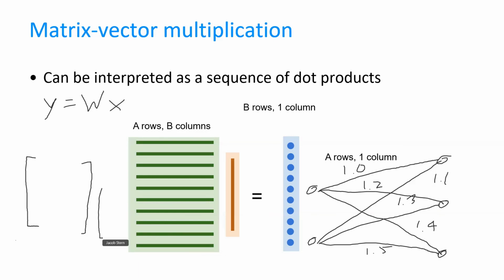So the network will take as input a vector which we will call x. It will be multiplied by a matrix that we will call W. The dimensions of W will be the number of input nodes, which is 2, by the number of output nodes, which is 3.